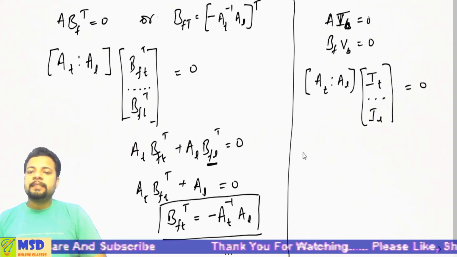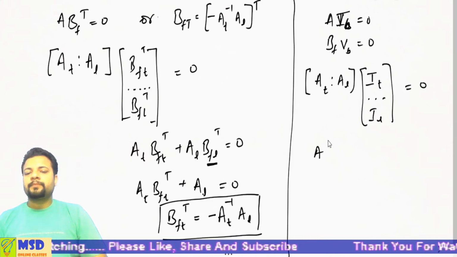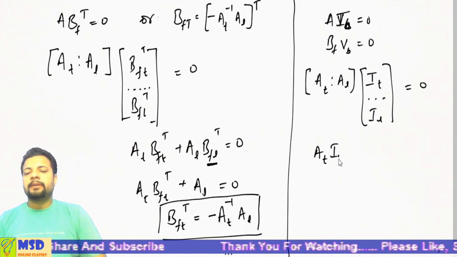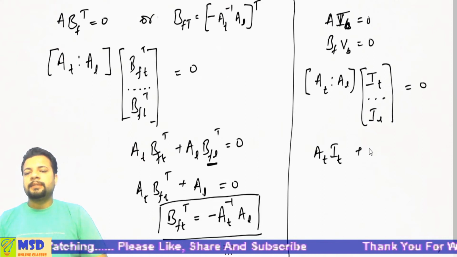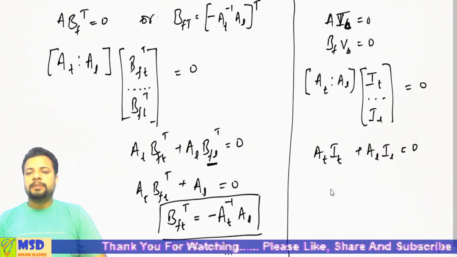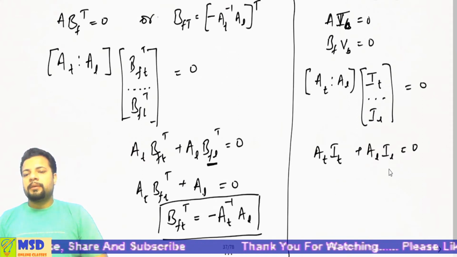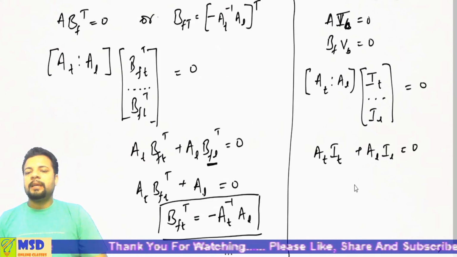This is KCL in your graph theory. If you multiply these two, AT IT plus AL IL is equals to 0. Now we can have a relationship between twig current vector and link current vector.